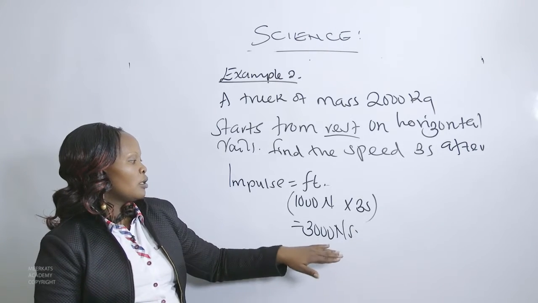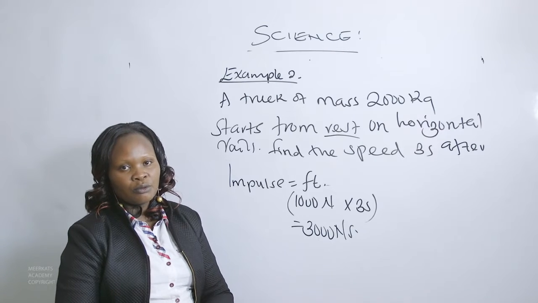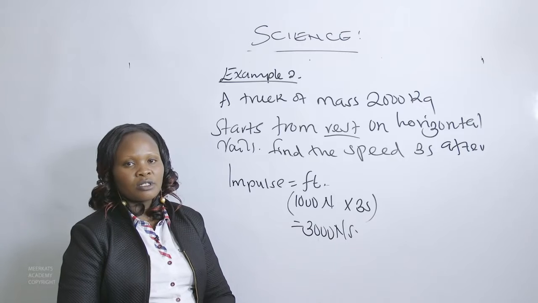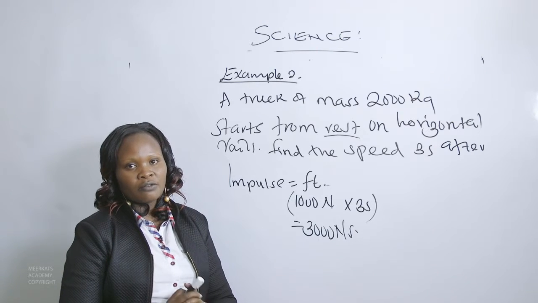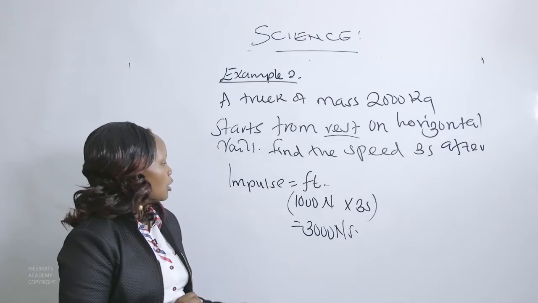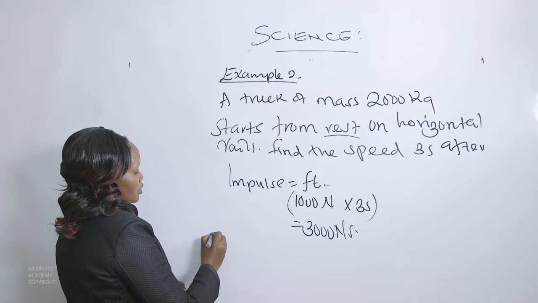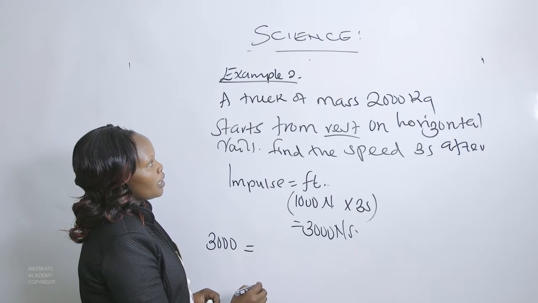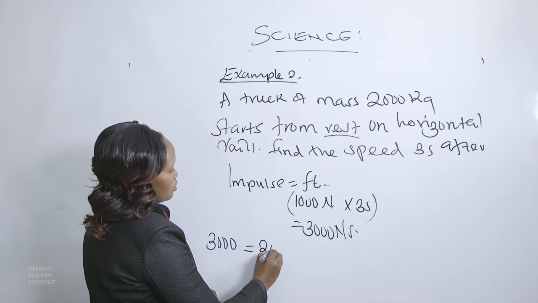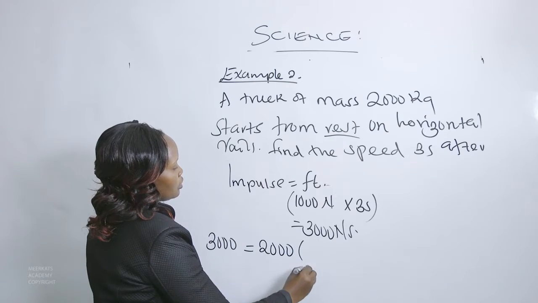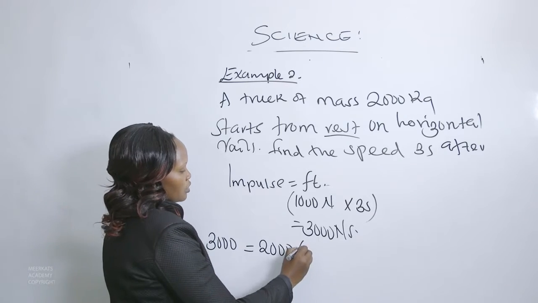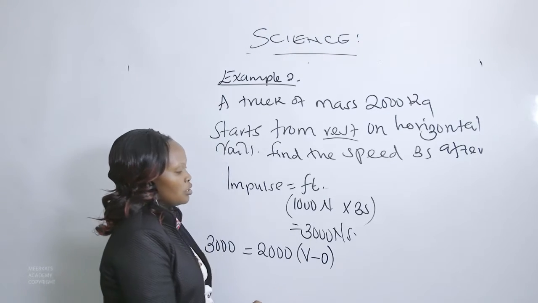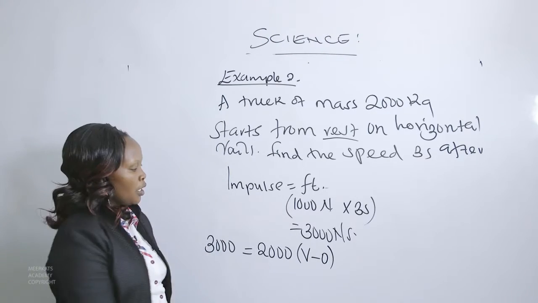Now, this impulse we equate to the change of momentum. We have the mass, so we take our impulse to be equal to the mass, which is 2,000, times the final velocity, which is what we are looking for, minus the initial, which is 0.